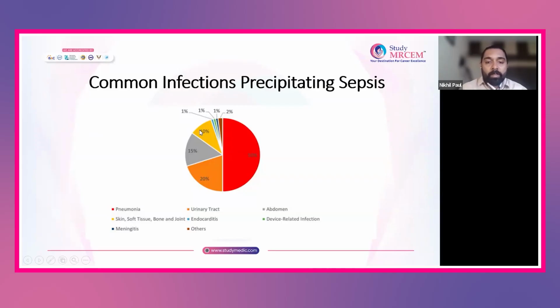Then you have skin and soft tissue around 10%. You have abdomen-related causes around 15%, and the other causes like meningitis and endocarditis are a minor cause, around 1 or 2%. So as you can see, the majority is either pneumonia or urinary tract.